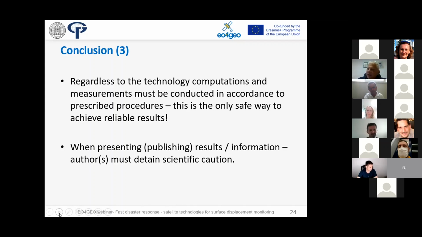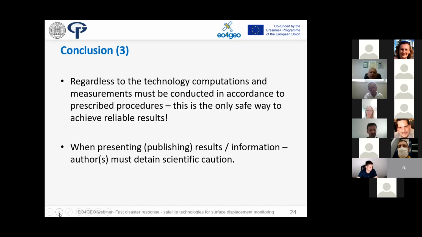We have to be aware that the results we are publishing may have consequences, and in case of unreliability of our results, they may cause real harm or problems to rescue services or to citizens alone.